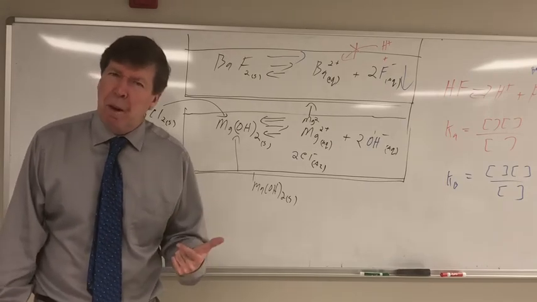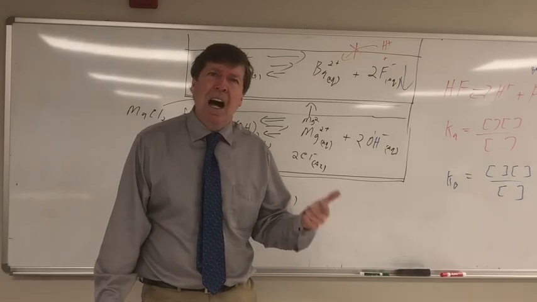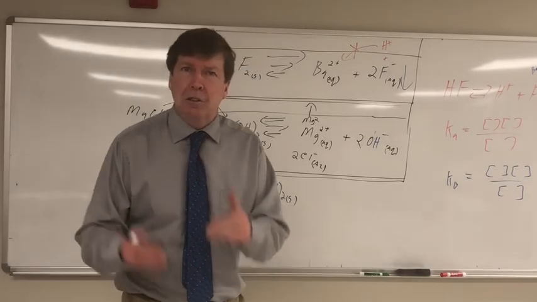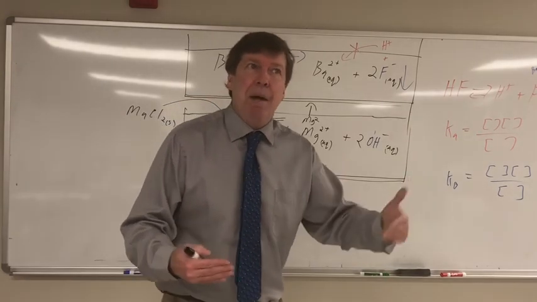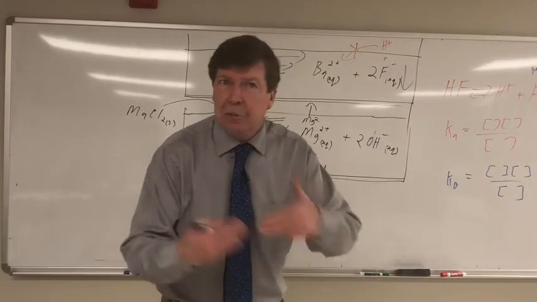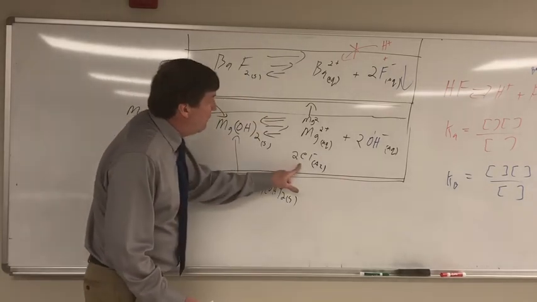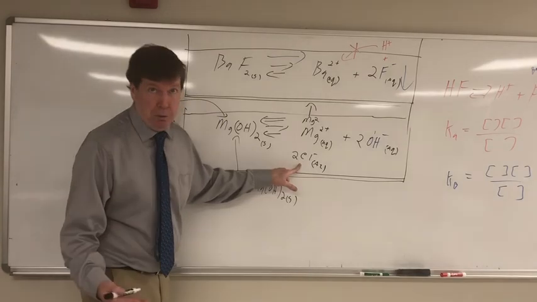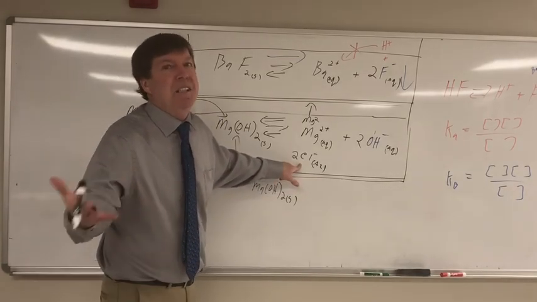It's neutral, remember? Cl minus, that's the conjugate base of hydrochloric acid. So hydrochloric acid, strong acid, its conjugate base, Cl minus, is going to be negligible. Okay? So that has no effect because that's neutral. So this brings up the concepts that we've done in a previous video here.